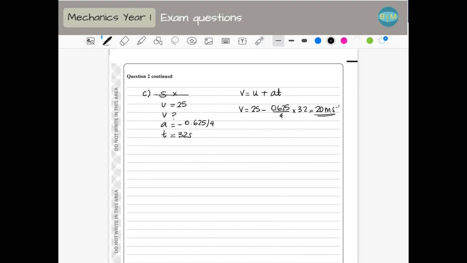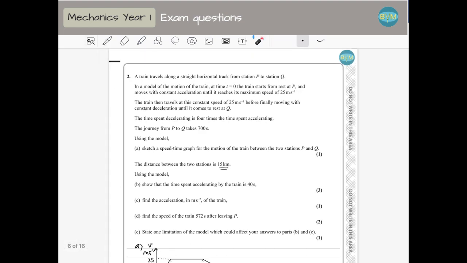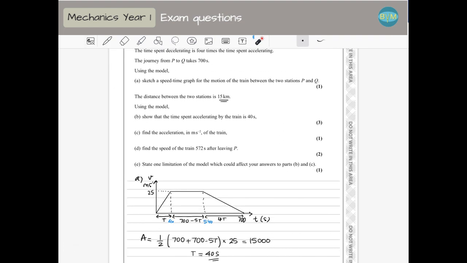That's the velocity. And the last part, they say state one limitation of the model which could affect your answers to parts B and C. In all these constant acceleration questions, you can always mention that in real life, acceleration is not really constant. So these lines are not really straight lines, they will be more curvy.